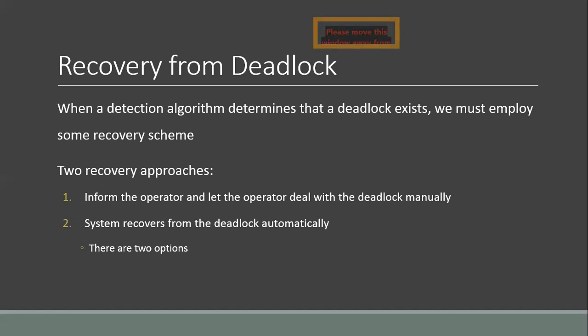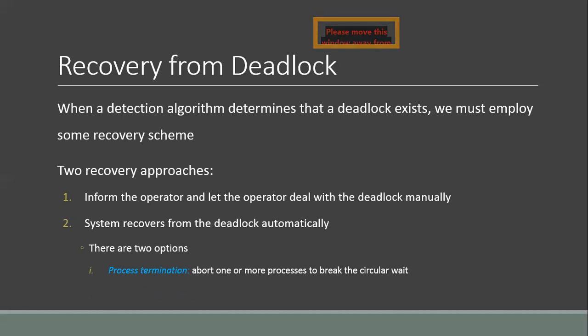In order to recover from deadlocks, the system has two options. Process termination, that is about aborting one or more processes to break the circular wait, because the processes which are in a deadlock state have a circular wait condition.